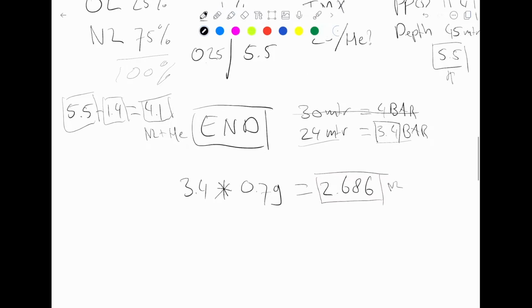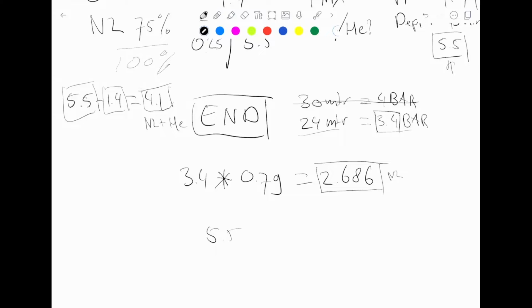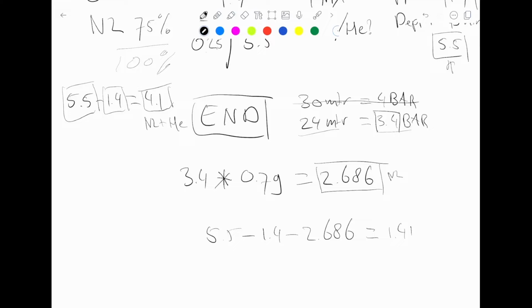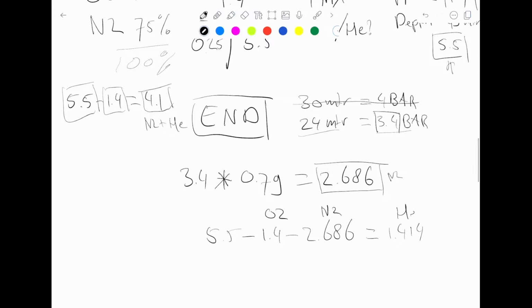So let's do this equation again: 5.5 minus 1.4 minus 2.686. 5.5 minus 1.4 is 4.1, minus 2.686 equals 1.414. This is your oxygen, this is your nitrogen, and this is your helium. Funny enough, these two are pretty close together. That is not related to anything, but this is what the equation is.